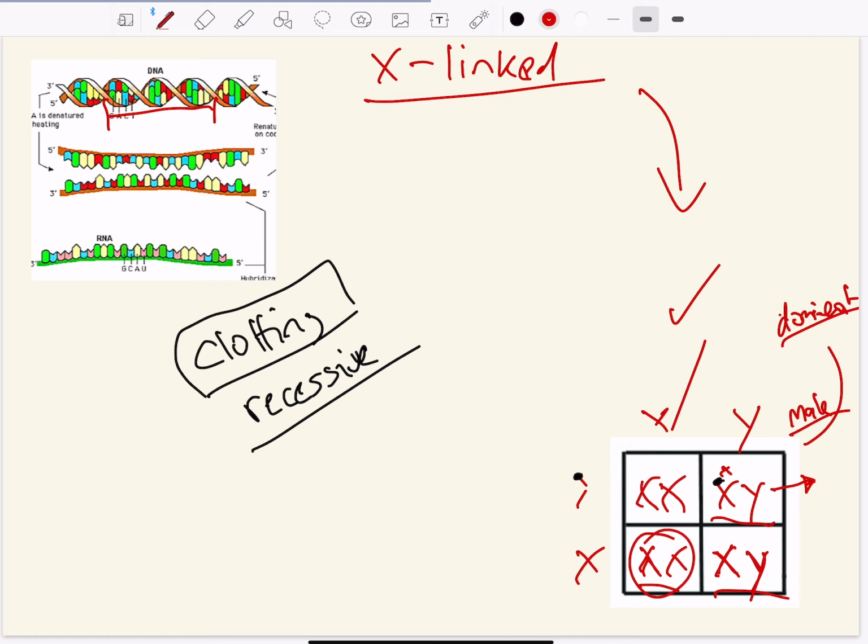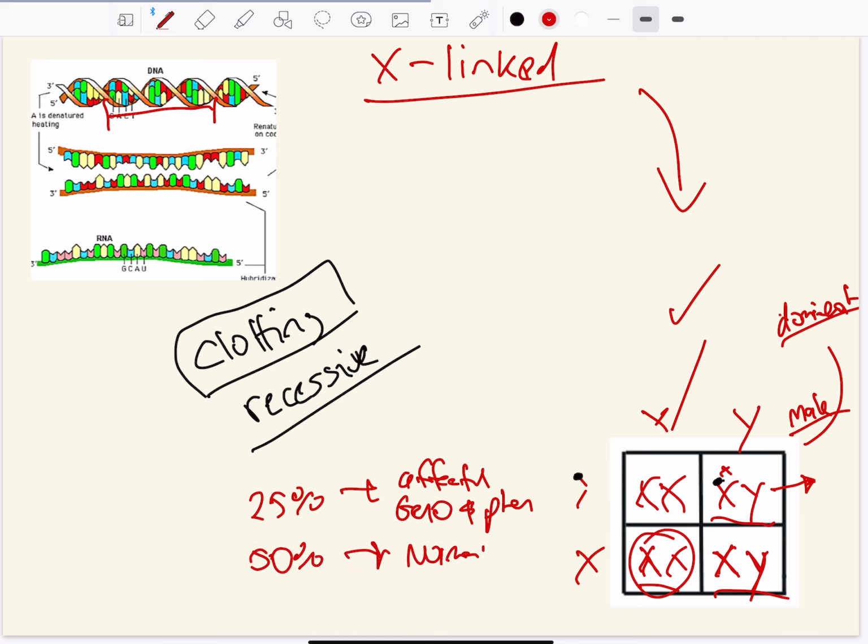So the outcome here would be 25% affected, both geno and pheno, 50% normal, both geno and phenotype, and 25% carriers. So these two are normal, this one is affected both genotypically and phenotypically, and this one here is the carrier. Okay.